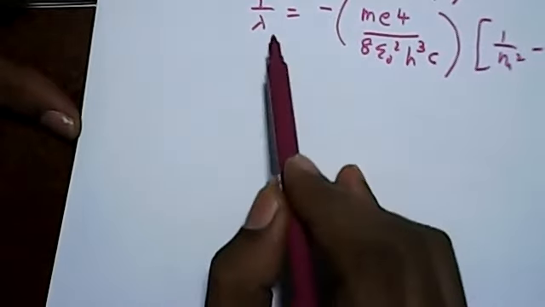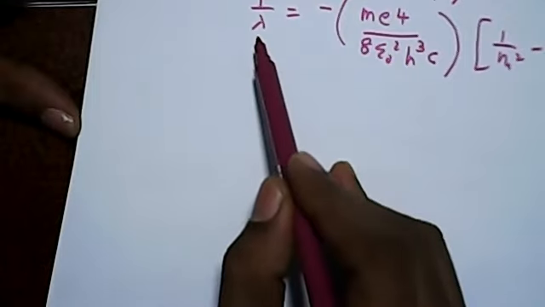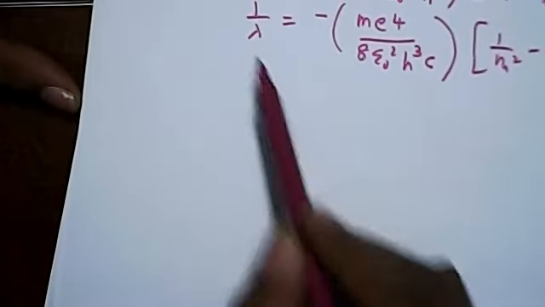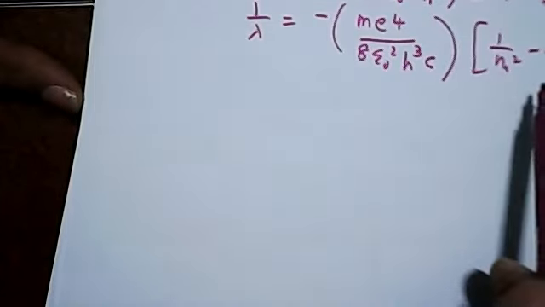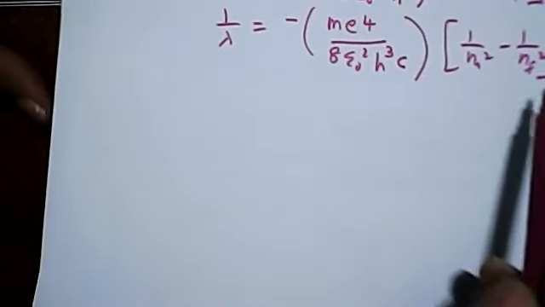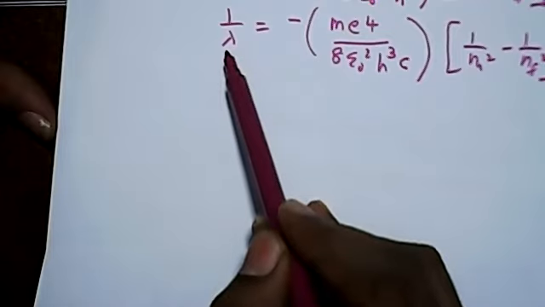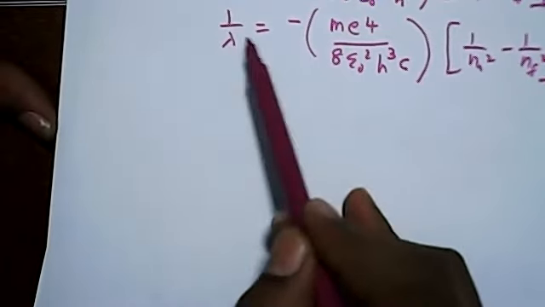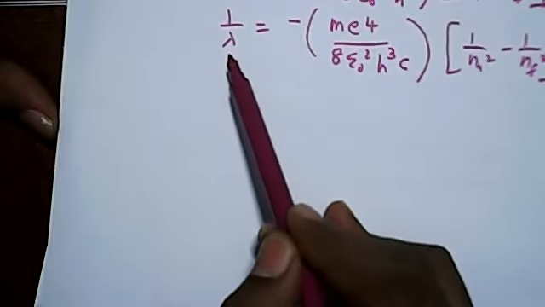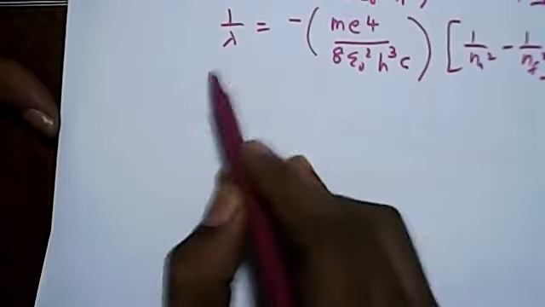From this equation, you can calculate the wavelength of the spectral line of the hydrogen atom for a particular transition. Any values you can substitute here for n_i and n_f, and correspondingly you get a single value for lambda. So corresponding to a transition, you get a single value of lambda. What is the meaning of that?